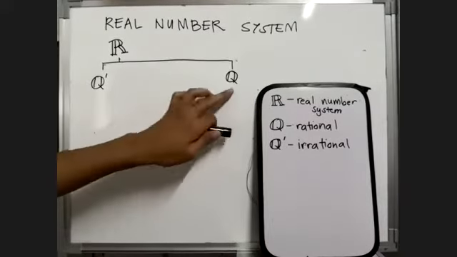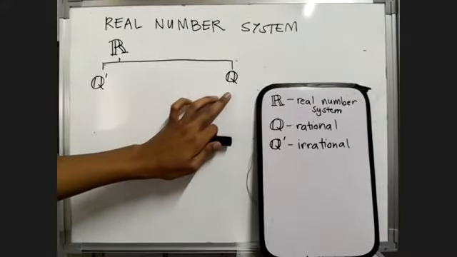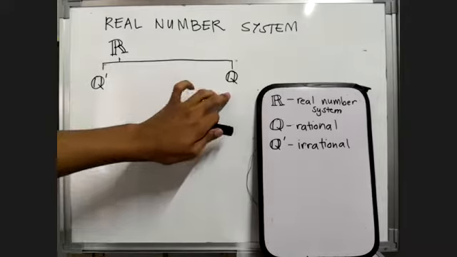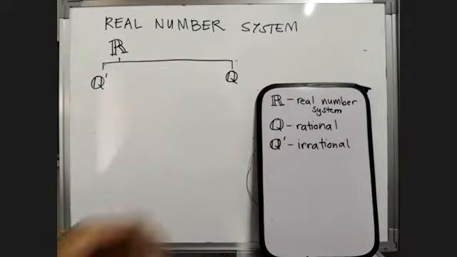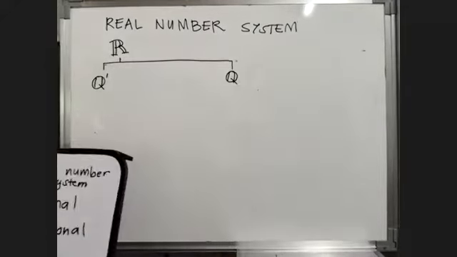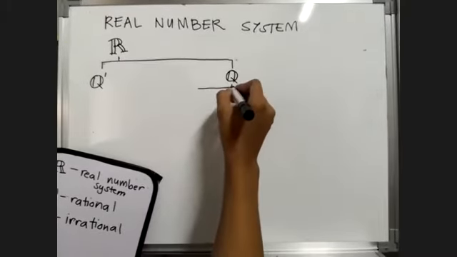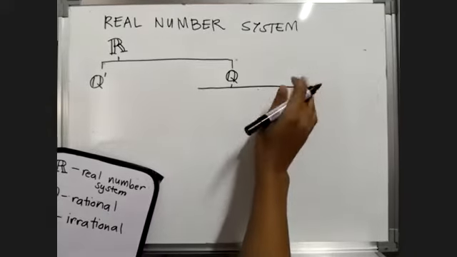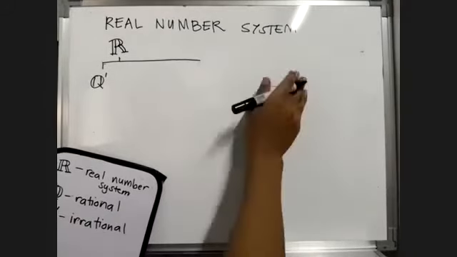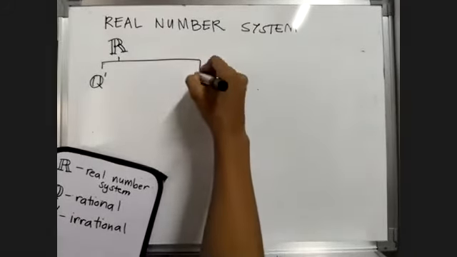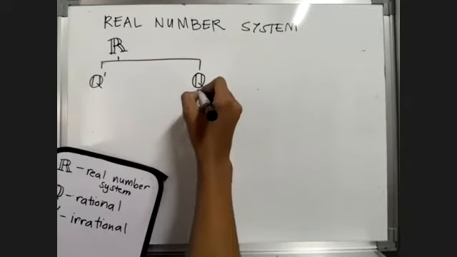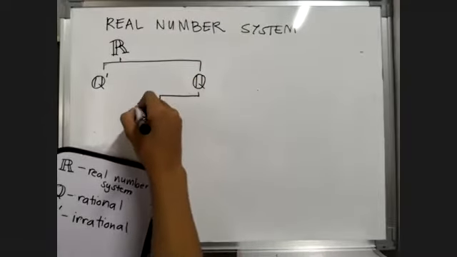So ngayon, naka-under kay rational, mayroon tayong integers and non-integers. So naka-under kay rational, we have non-integers.